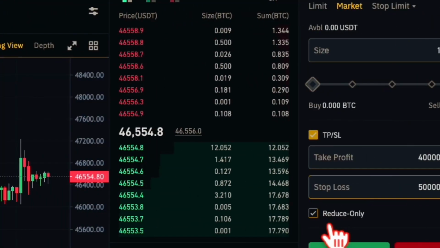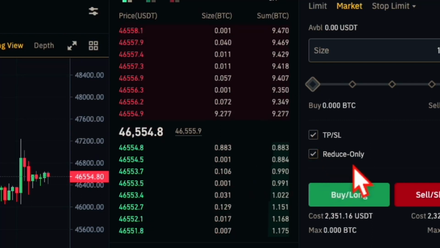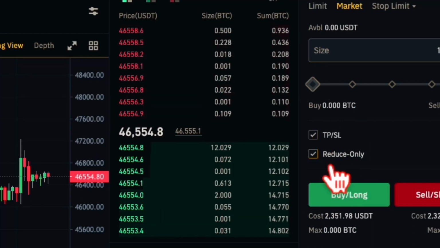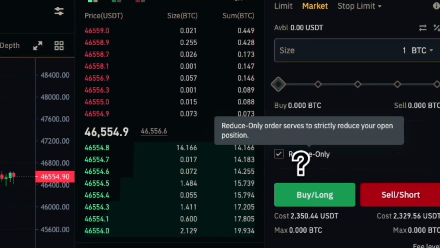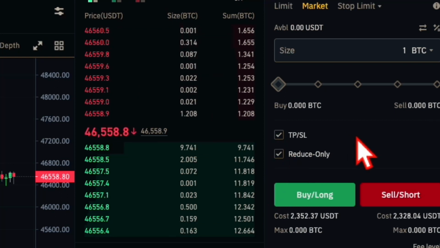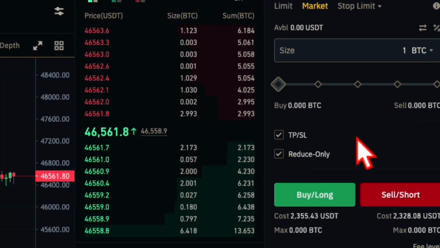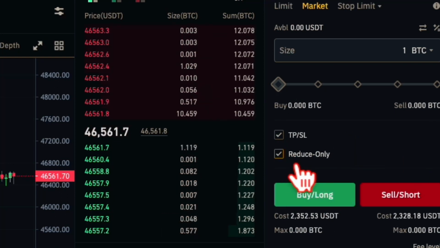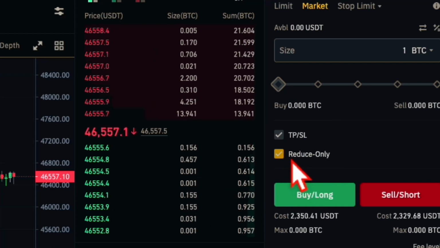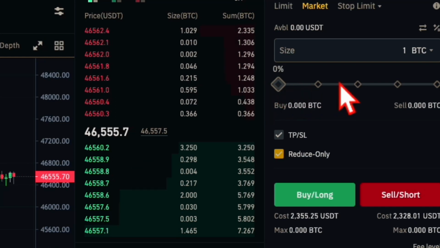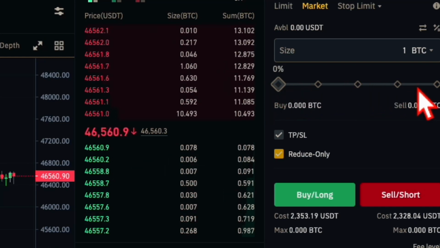Now, this option you're seeing, reduce only, means that if you take a position for that day, you don't want to go higher than that position. So let's say I am buying 1 Bitcoin for a day, and I want to discipline myself so that I won't be over trading. I won't buy 10 Bitcoins in one day. So I use the buy reduce only position, which means that I can only drop my position from 1 Bitcoin to, let's say, 50%, 30% to 99%.